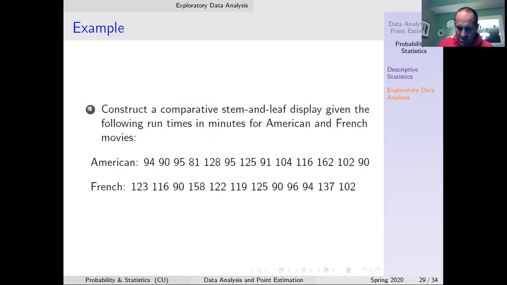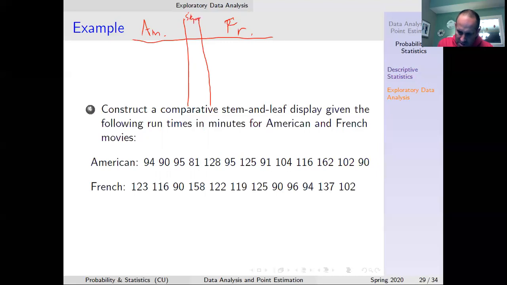So what are we going to have? Let's put the American data on the left, and let's put the French data on the right. Okay. And what is our stem going to be? Well, let's go like this. So this is the stem.